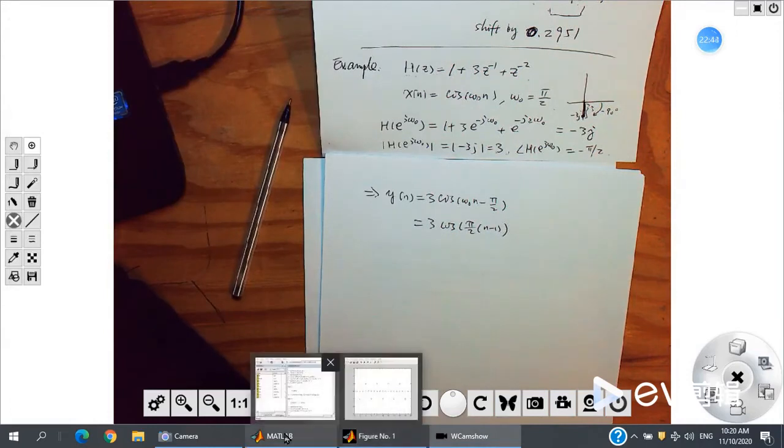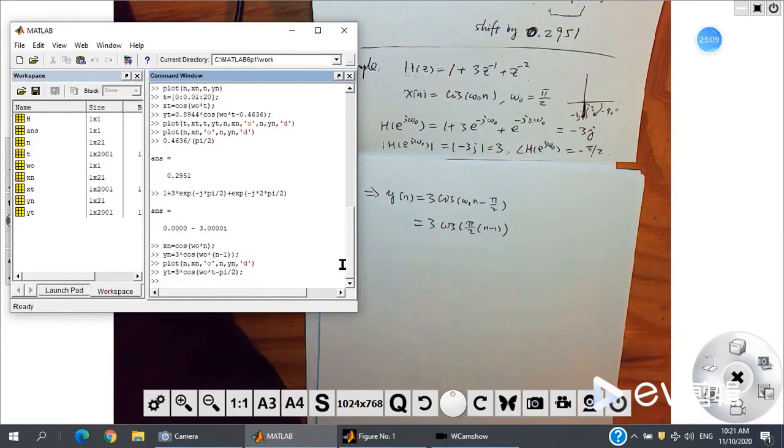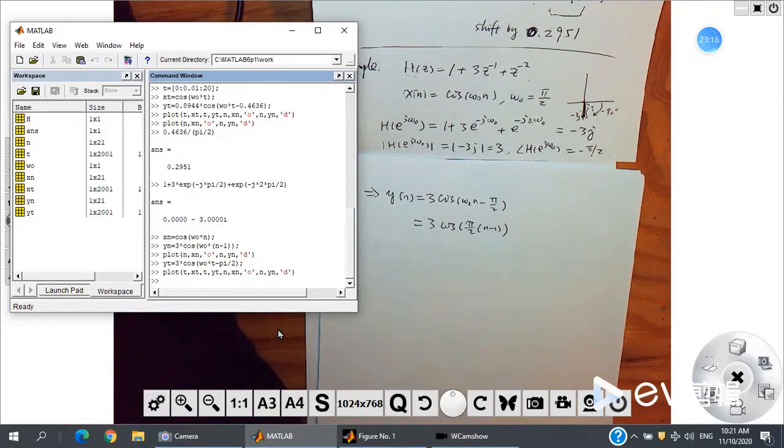I give the continuous time signal, where x(t) is the same, but y(t) is changed. y(t) has amplitude 3 and is shifted by 1. Okay, so this is y(t), and let us plot this one.